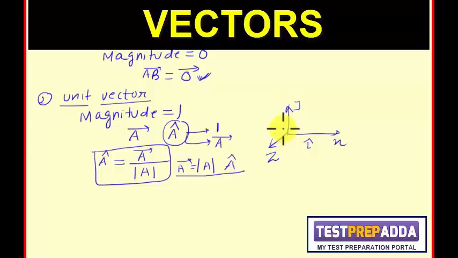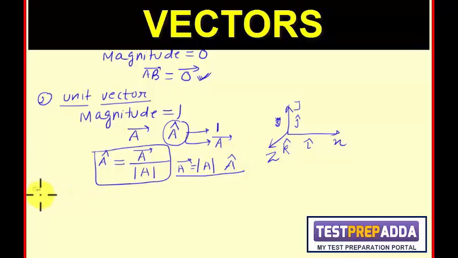The unit vector along y-axis is written as j cap. The unit vector along z-axis is written as k cap. So these are the unit vectors of different axes.